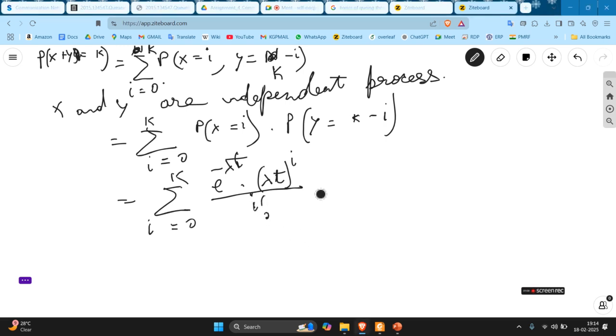Another is distributed with mu, so e to the power minus mu t, mu t to the power k minus i, by k minus i whole factorial.